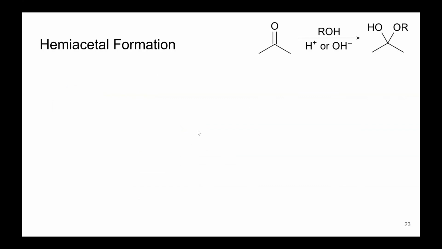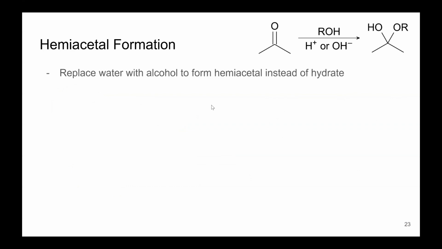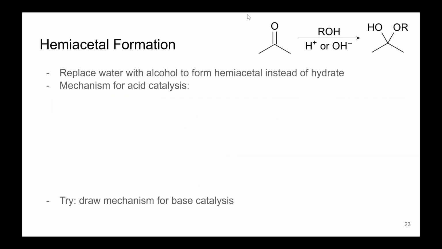Now for hemiacetal formation, you're basically just replacing water with an alcohol, and you're carrying out the same thing as hydration. So the mechanism for acid catalysis, I'll just go through it. The first thing is, of course, making the carbonyl carbon more electrophilic. So you're going to add an H plus here.